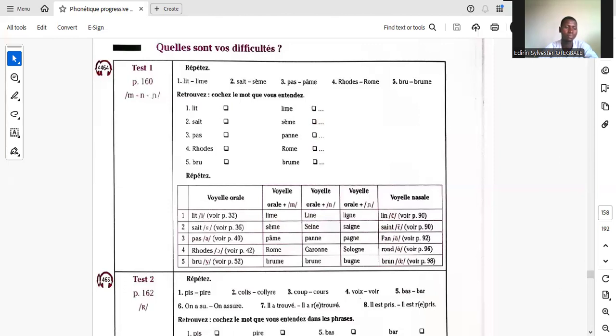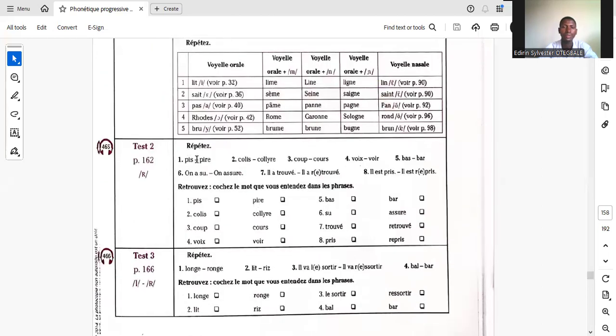Test 2. 1. Pi, pire. 2. Colis, colire. 3. Cou, court. 4.